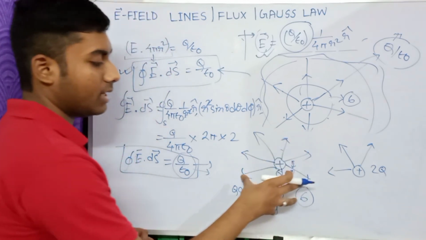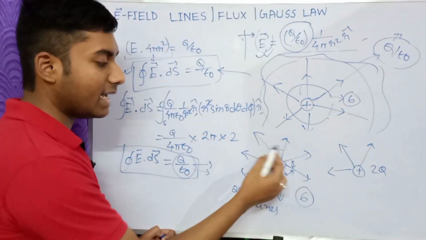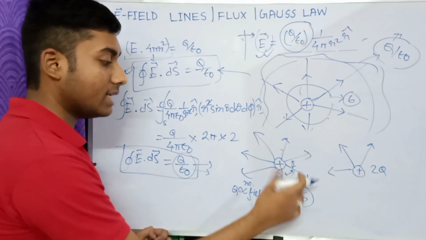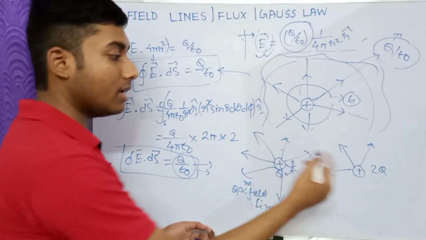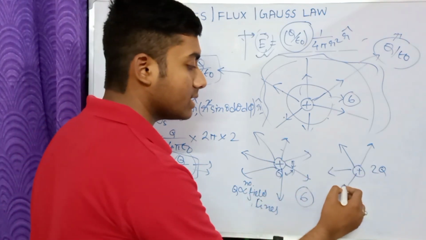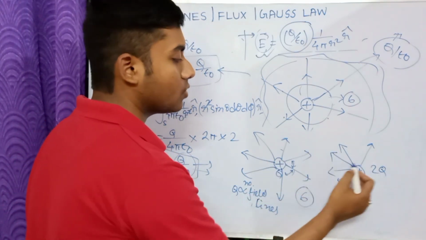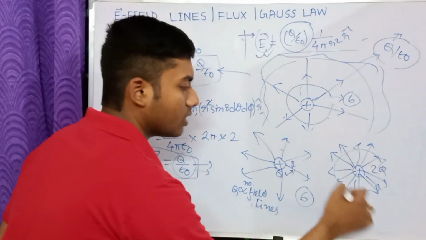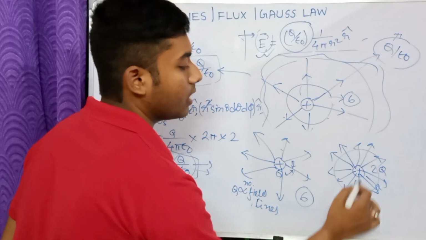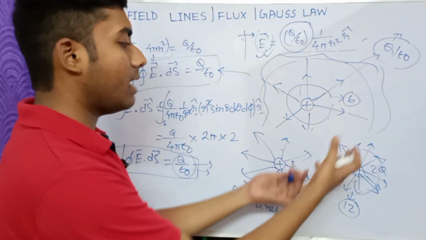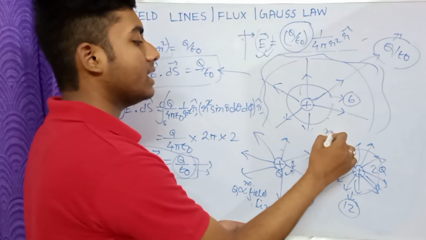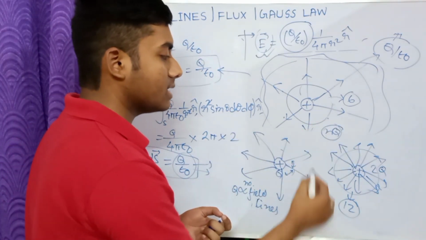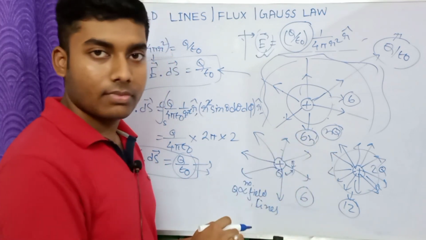So if we have a q charge and the number of field lines is 6, then if we have a 2q charge, the number of field lines coming outward will be just 12, okay. I am just drawing this, so the total number of field lines will be 12 for a 2q charge. Likewise, if we have nq charge, then the total number of field lines coming outward will be 6 into n, okay.